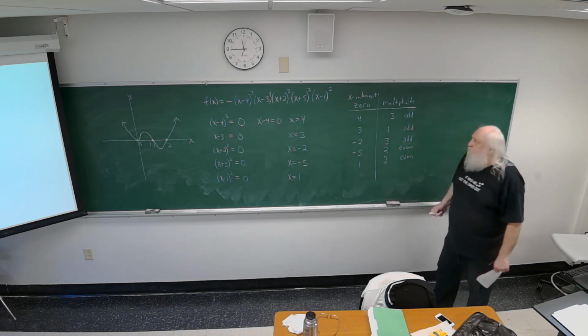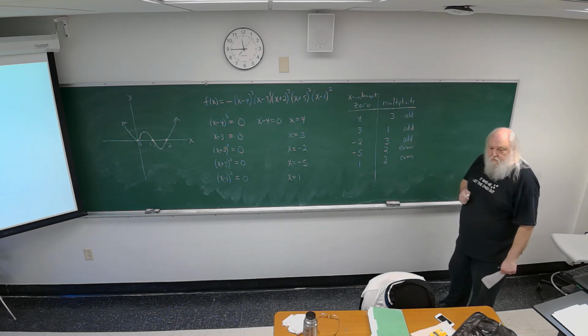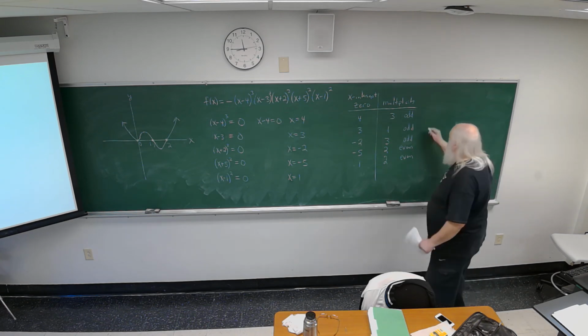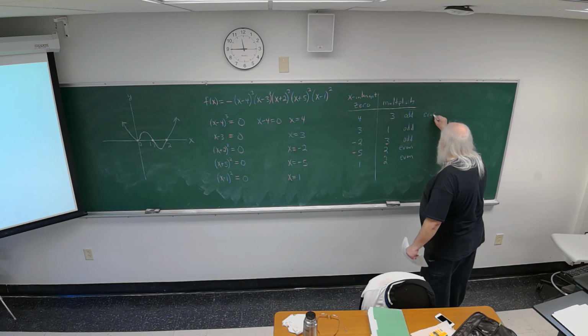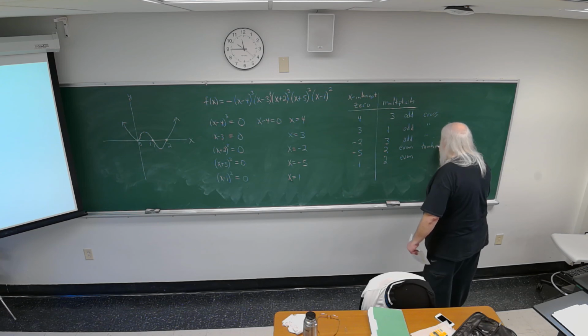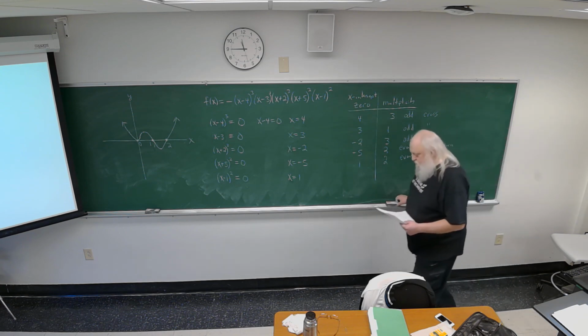So we know at x equals minus 5 and x equals 1, the graph is going to touch and turn. It's not going to cross the x-axis. The graph is going to cross at those 3 zeros and touch and turn at those last 2.